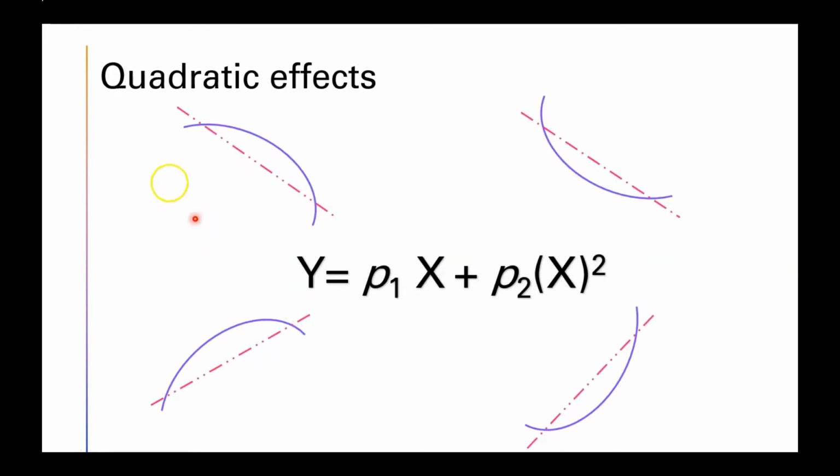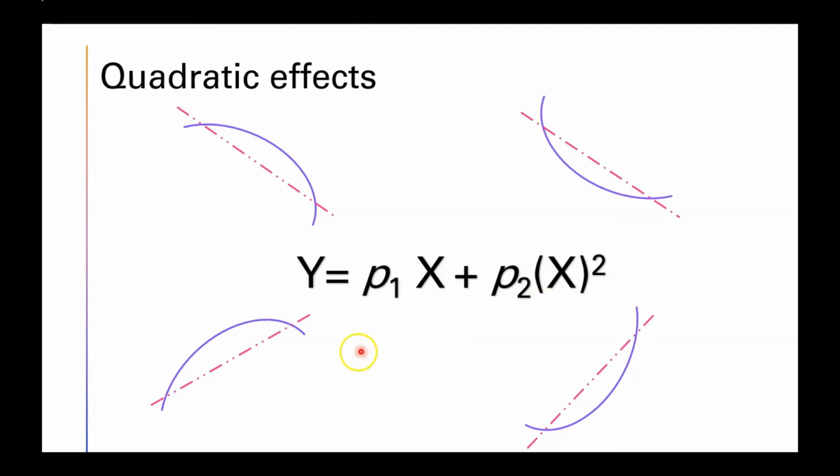Basically, you can consider two types of nonlinear relationships. Number one is quadratic effects, and this is the formula for quadratic effects. When the relationship between the variables x and y is nonlinear and negative, then you can expect a curve like this or a curve like this, depending on the sign of P1 and P2.